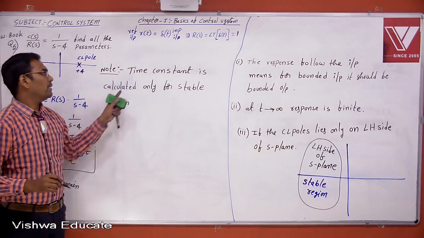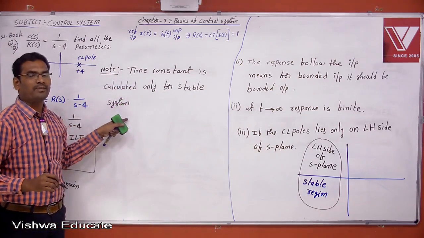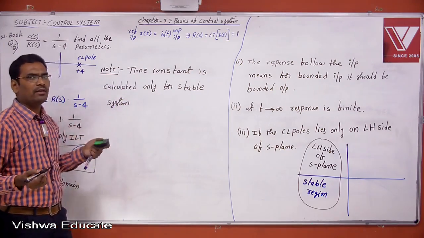Time constant is calculated only for stable responses. For an unstable response, we cannot find the time constant.